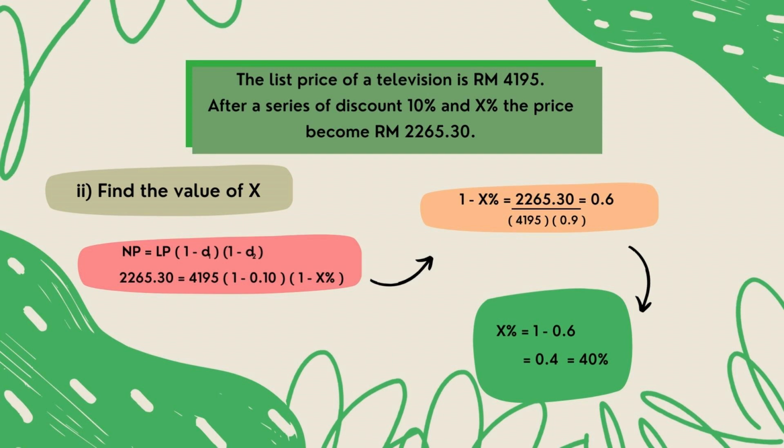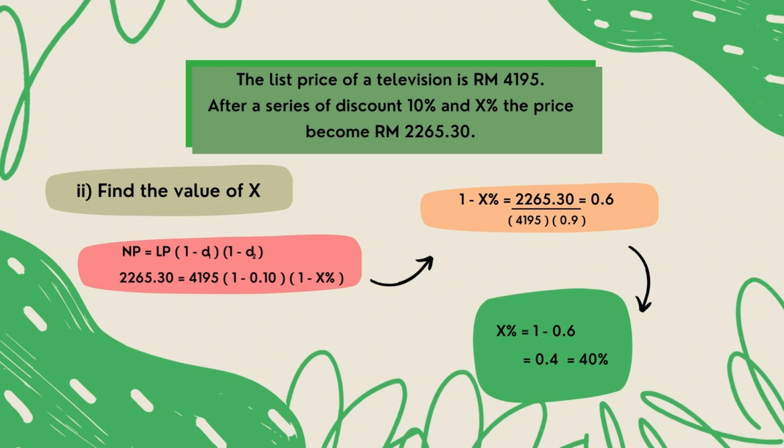D2 is X%. Okay, next. So 1 minus X% moves ahead, and then 1 minus X% equals 2265.30 divided by, in bracket, 4195 and 0.9. Calculate all of them and get the answer.